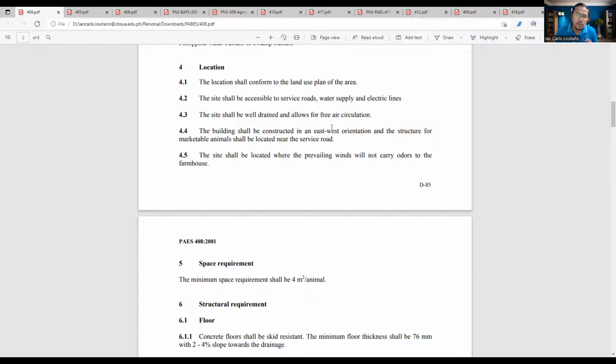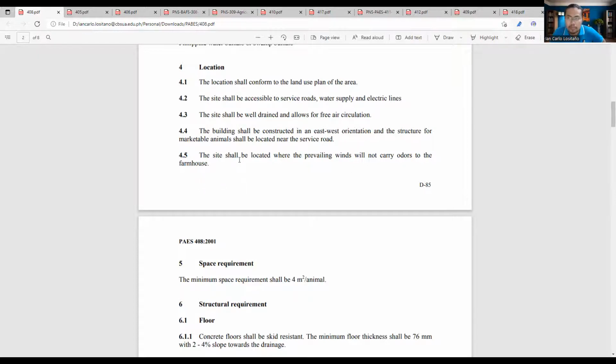Although this course forgoes the topic on thermal loads, it's another subject called environmental control engineering. Just to elaborate on it, the east-west orientation is with regards to this concern, and also the site shall be located where the prevailing winds will not carry odors to the farmhouse.